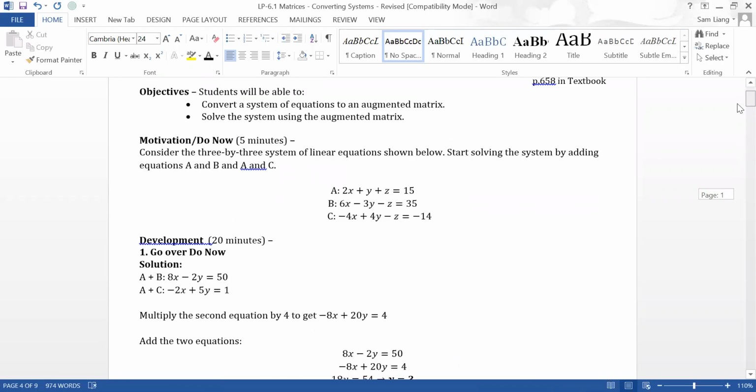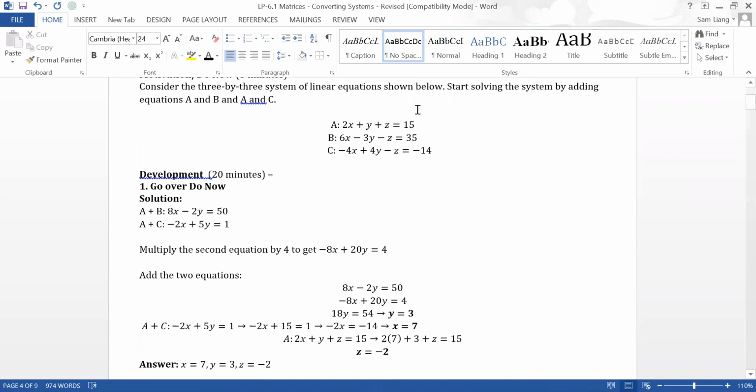So here it is. As the do now prompted us to do, we're going to add equations A and B as well as equations A and C. So A plus B is going to be equal to 8x minus 2y equals 50. And for A plus C, that's going to be equal to negative 2x plus 5y equals 1.